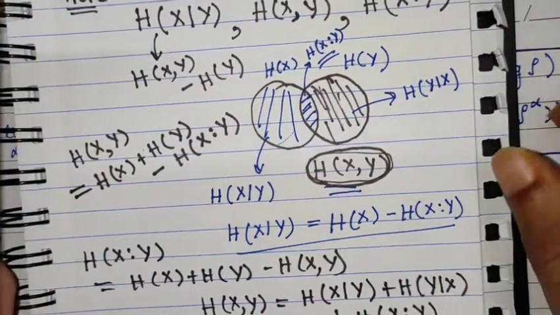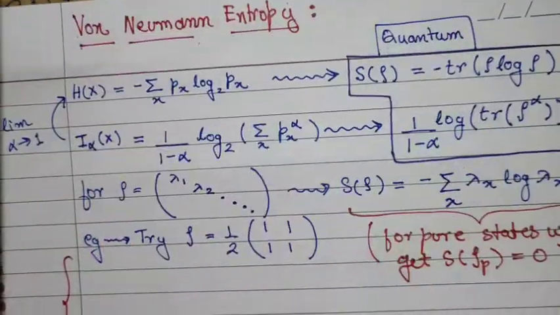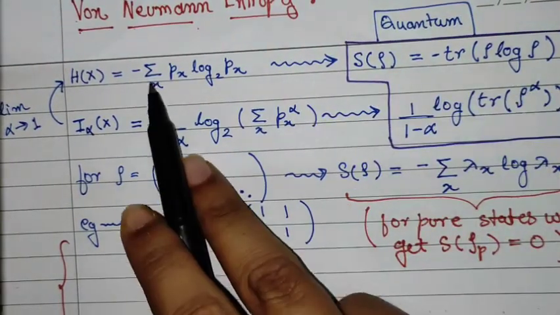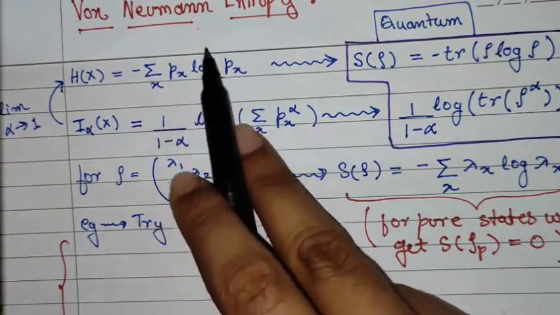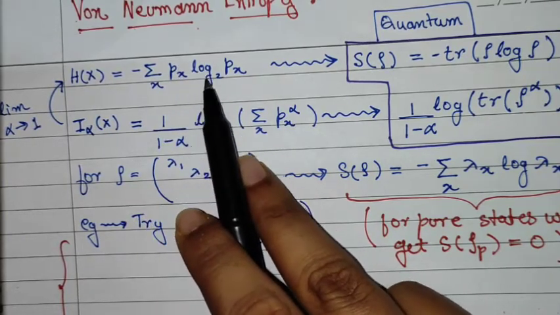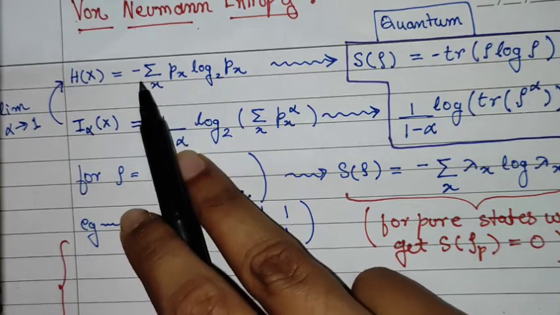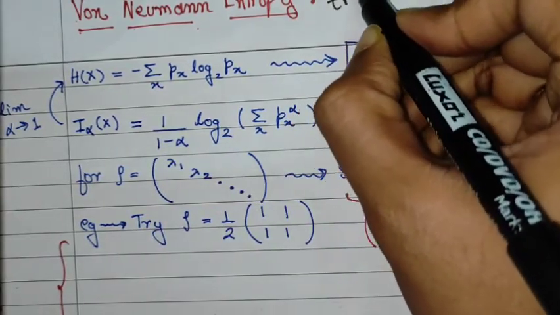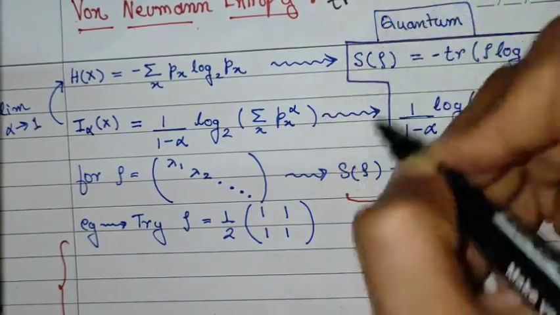Now let's move on to the von Neumann entropy part. Actually we had the classical version, the Shannon entropy, that you see here. So just replace summation with the trace, because when we say we are tracing something out, we actually sum the diagonal elements.